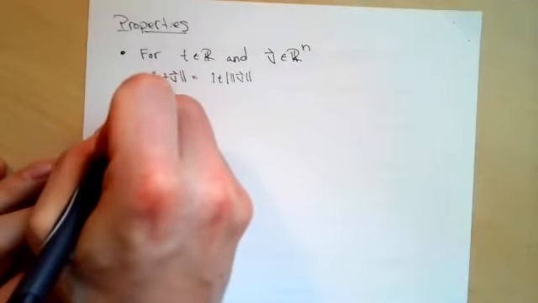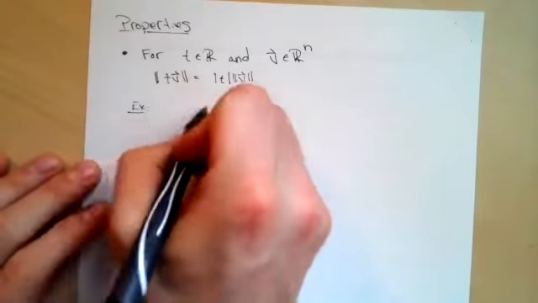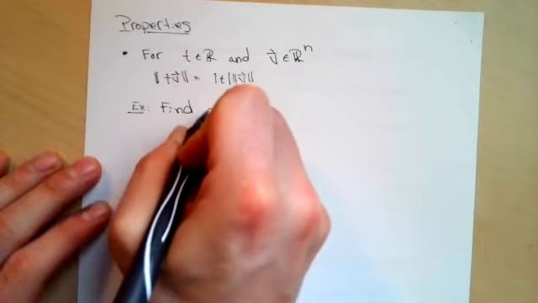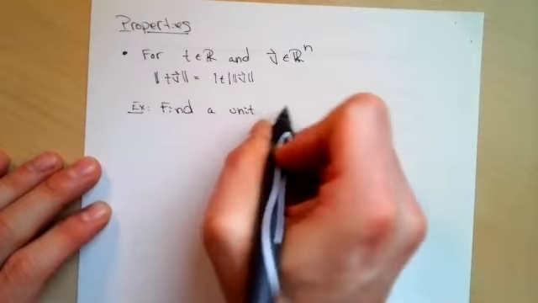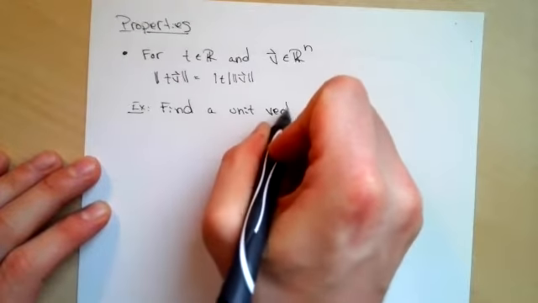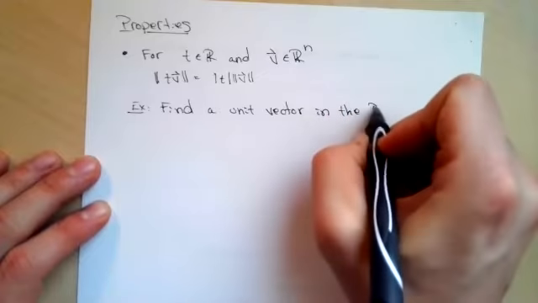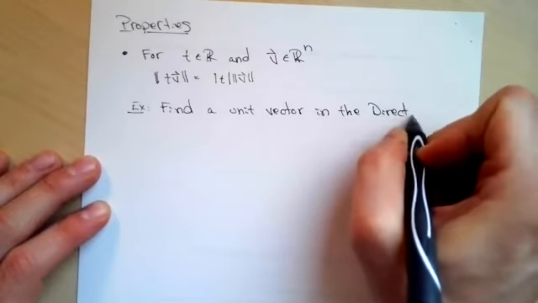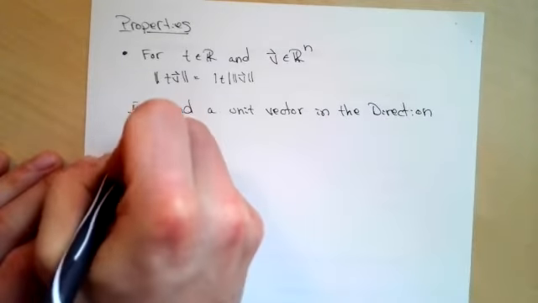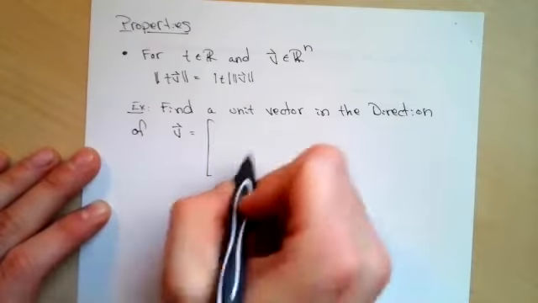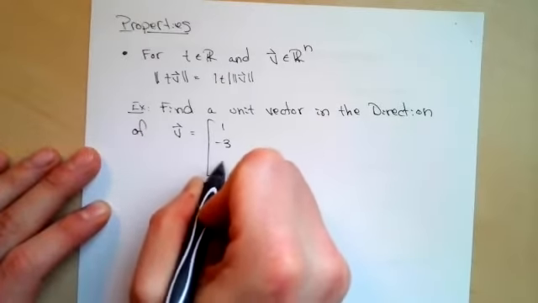Big examples for this. So let's say, find a unit vector in the direction of v, which is going to be 1, -3, and 4.